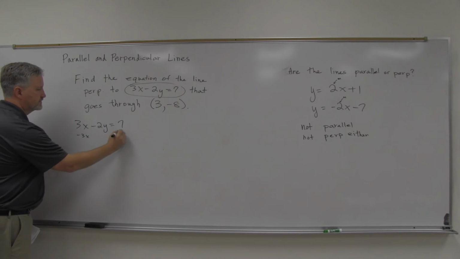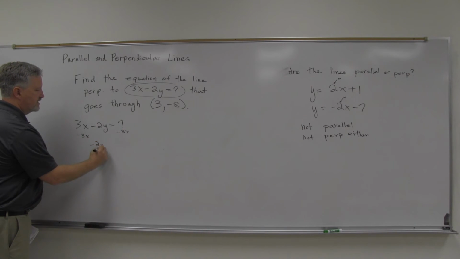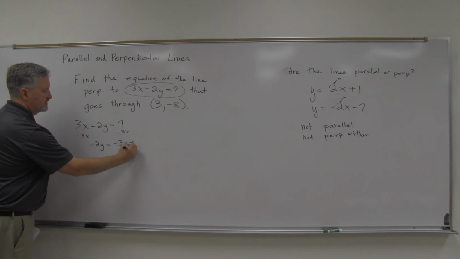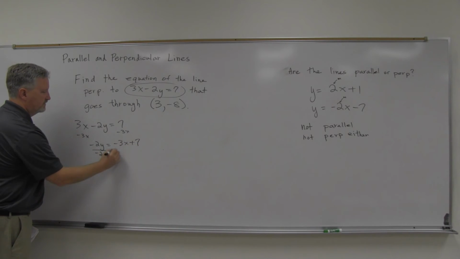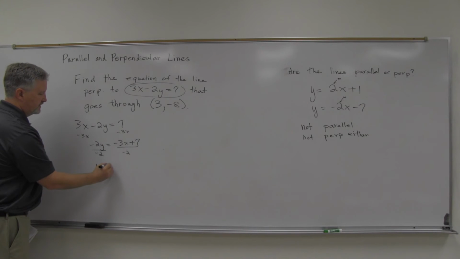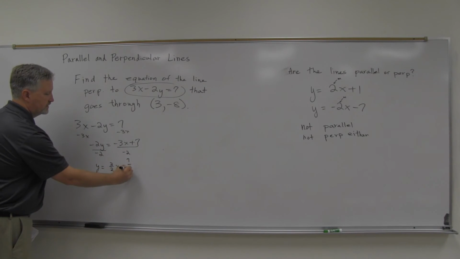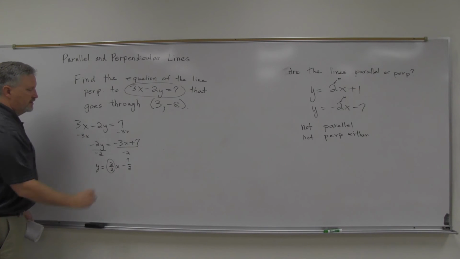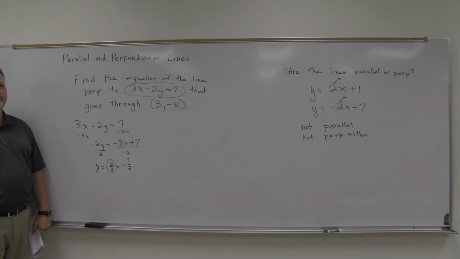So subtract the 3x, so negative 2y equals negative 3x plus 7, and then divide by negative 2. And so that would be y equals positive 3 halves x minus 7 halves, but really all I'm interested in there is the 3 halves, isn't it? That's my slope of this line.